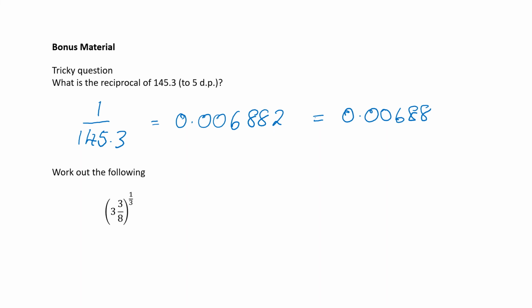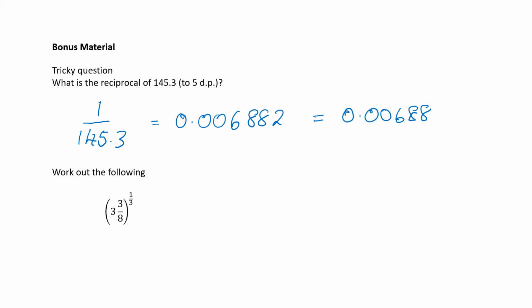Now, you could also be asked this type of question. So you need to know how to enter that in your calculator. Do you write it as 3, press the fraction button? Well, you've got to start initially with a bracket, 3 fraction button, 3 over 8, close the bracket, and then do the power, which is a third. Now, there might be a cube root button on your calculator, but just for you to be aware, just in case.